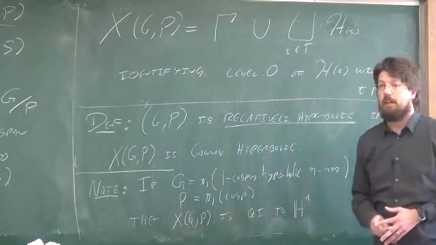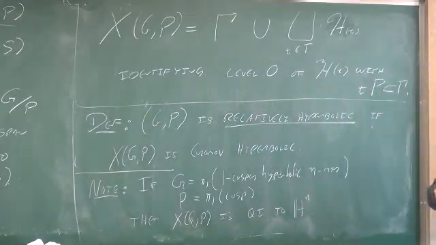So doing this combinatorial business, you recovered something that was at least quasi-isometric to the right thing, right?